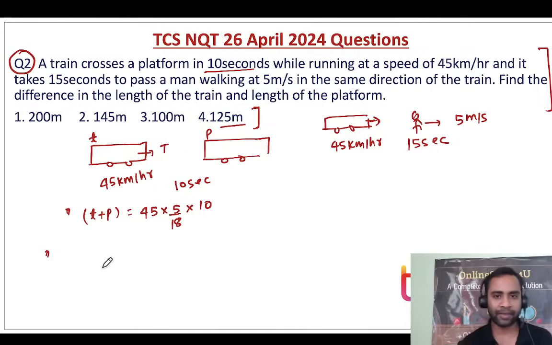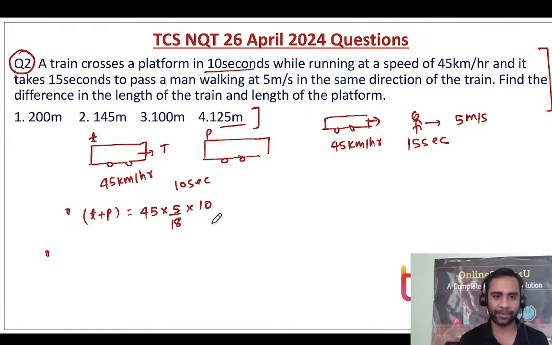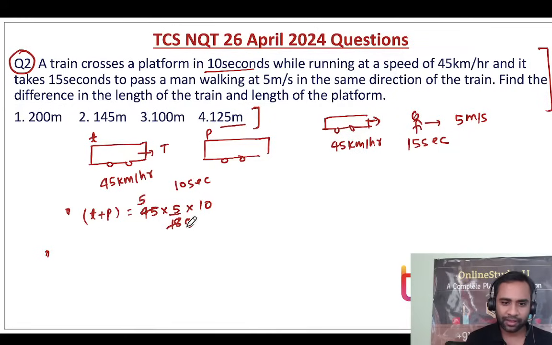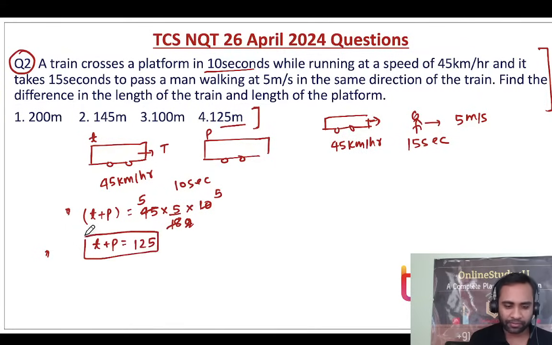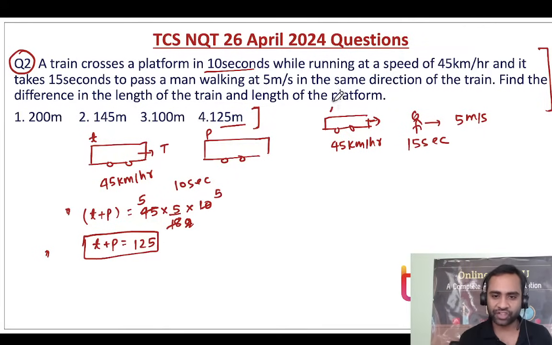Step by step, everything should be clear. If you are getting any doubt, you need to tell me. Now, 9 twos are 18 and 9 fives are 45, so this will be 125 meter. The length of the train plus platform will be 125. Clear till here?